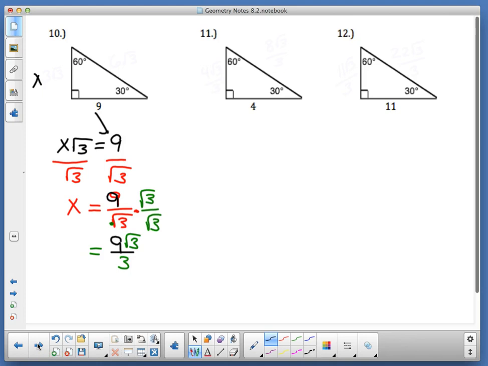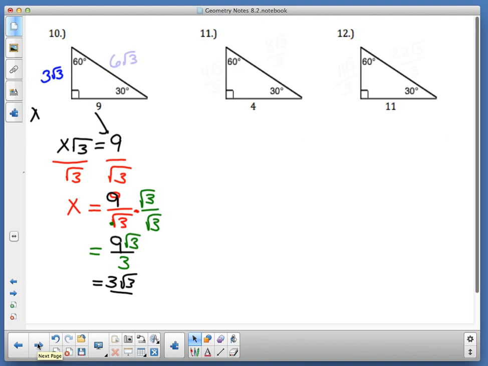To go from the longer leg back to the short leg, I multiply the longer leg by the square root of 3 and then divide by 3. So it's going to be 3 the square root of 3. That's my value of x. So that's what will happen down here. It's going to be 3 the square root of 3. And that kind of makes sense. But then once I get 3 the square root of 3 for my shorter leg, I know that my hypotenuse is twice that, which is 6 the square root of 3.